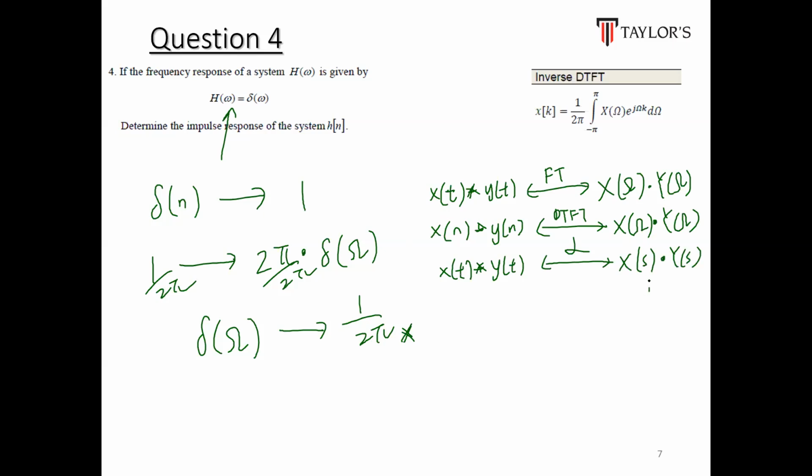The only difference is that now I write it in s, because Laplace is in terms of s, no longer in terms of ω, which you'll learn next week. Then in the Z transform, again, it's the same thing. The Z transform is also for a discrete time signal. Then you will have X(z), usually written as X(z^-1) multiplied by Y(z^-1). They are all the same. All the different properties are the same. Okay? Thanks, sir. No problem.